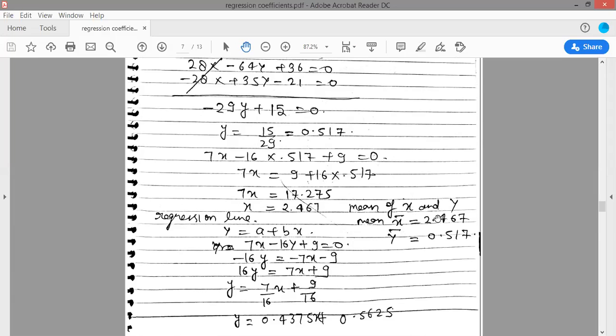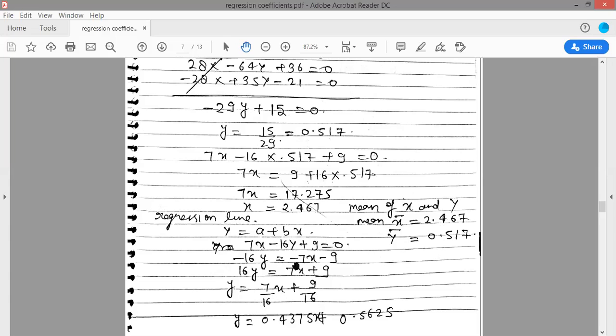So the means of x and y will be x bar is equal to 2.467 and y bar is equal to 0.517. So these values will be your means, right? Now the regression line is y is equal to a plus bx. So you will write your regression line as y is equal to 7x upon 16 plus 9 upon 16.